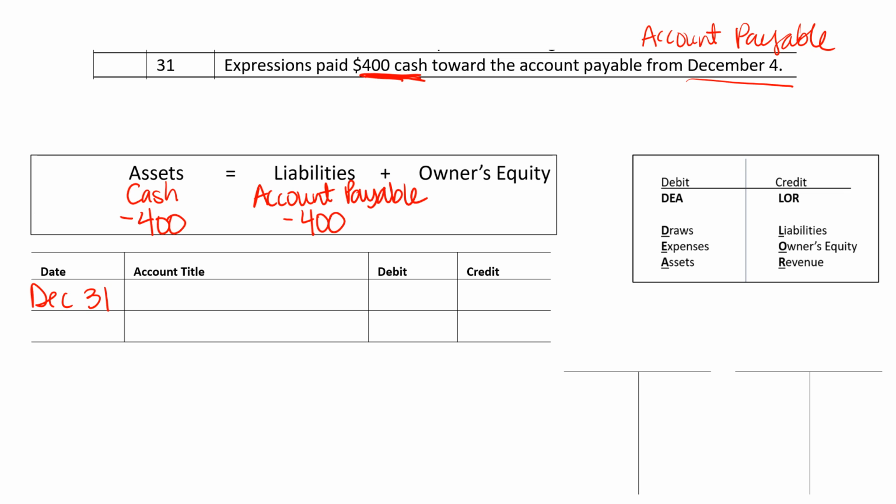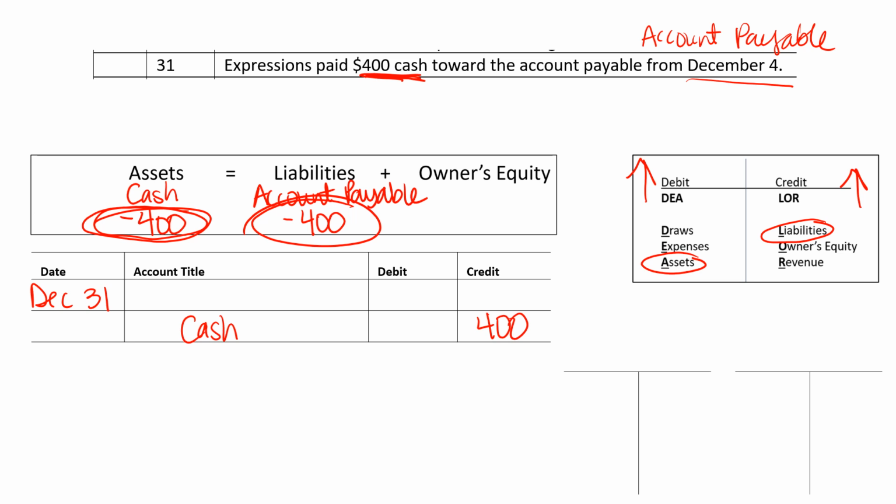So for our journal entry, we look at cash. Cash is an asset, and assets are increased with a debit. However, cash is decreasing here, so cash will be credited $400. And accounts payable is a liability. Liabilities are increased with a credit, but again, accounts payable is being decreased.